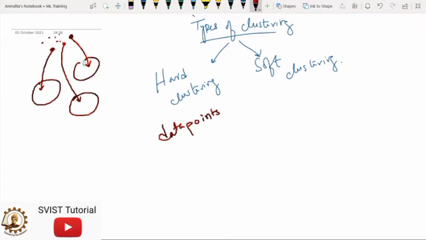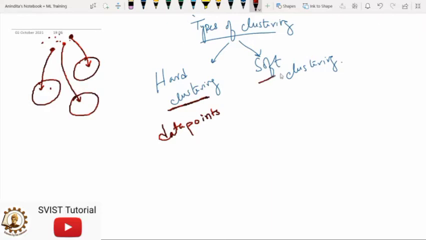Once the data point and its cluster are decided, there is no chance that this data point can also be part of another cluster. This kind of clustering technique is known as hard clustering.